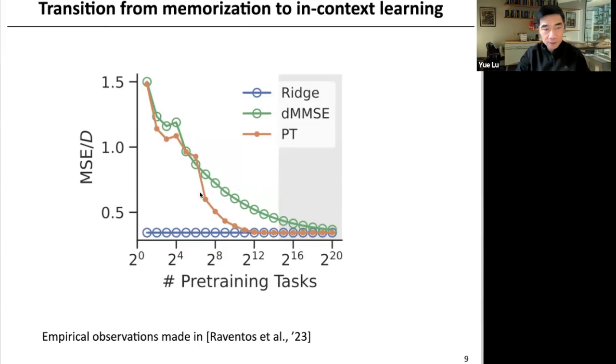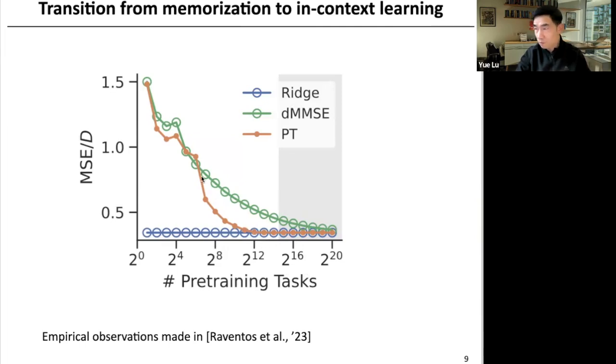Then you can see that empirically, the performance of a transformer-based architecture has a performance very similar to the DMMSE estimator when the number of pre-training tasks is not large enough. But when the number of pre-training tasks becomes larger, then the performance becomes closer to the ridge estimator, which is the Bayesian optimal estimator that we should get.